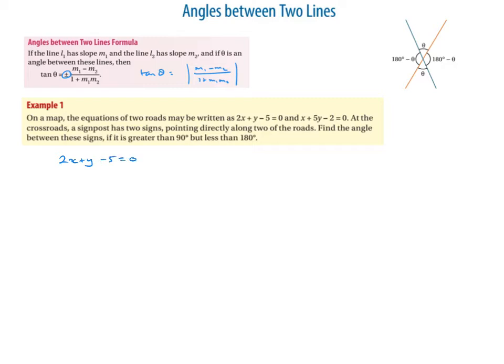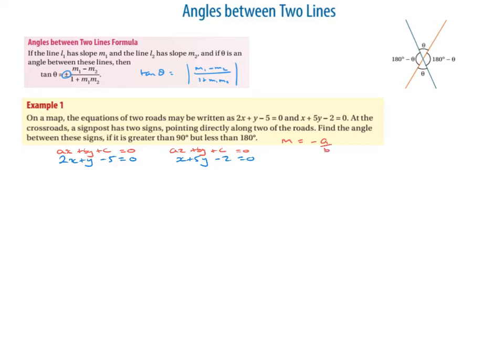And the second equation here is x plus 5y minus 2 is equal to 0. Okay, so first of all we need to get the slope. If you remember from earlier in the videos, if we call this ax plus by plus c is equal to 0, and do exactly the same here, then we can quickly work out the gradient, because the gradient m is equal to minus a over b.